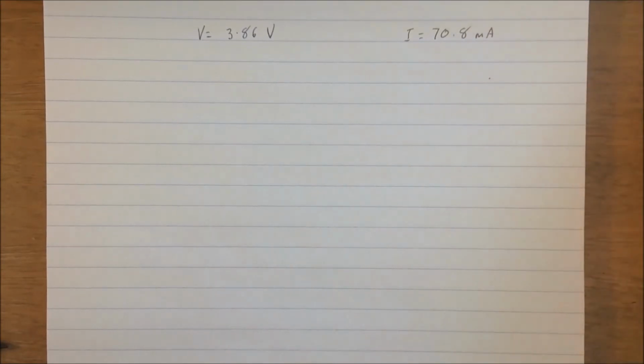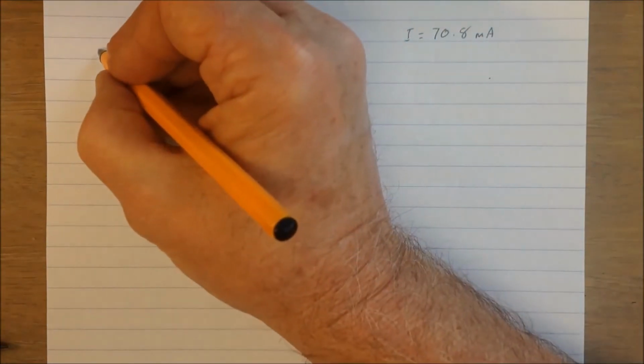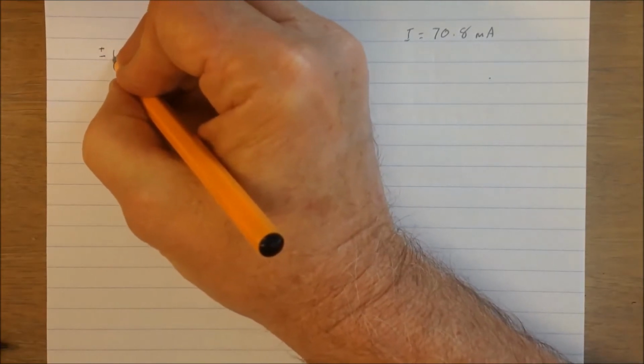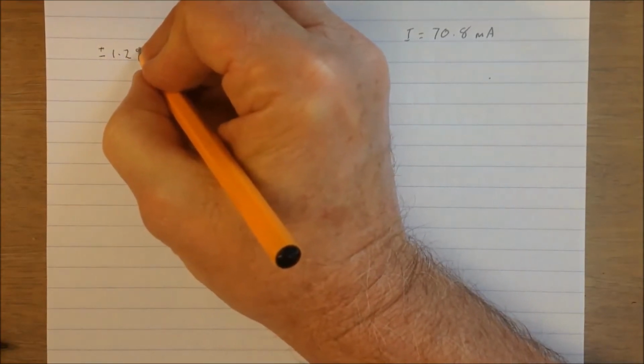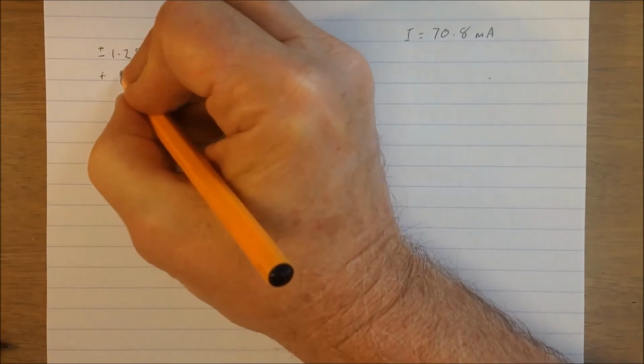The first question is, how good are these readings? Well, the manufacturer's specifications for this digital multimeter rate on a voltage measurement that the voltage reading is good to plus or minus 1.2% plus 2 digits.